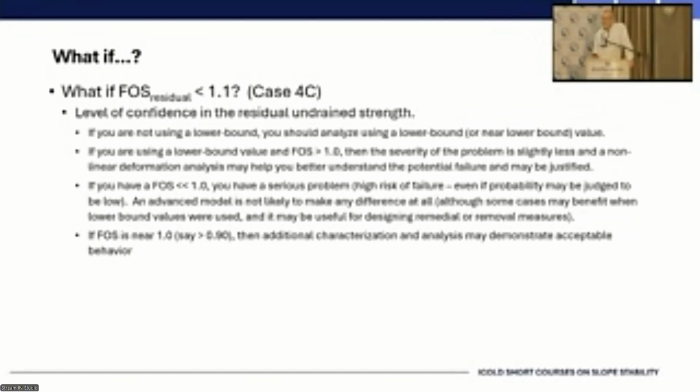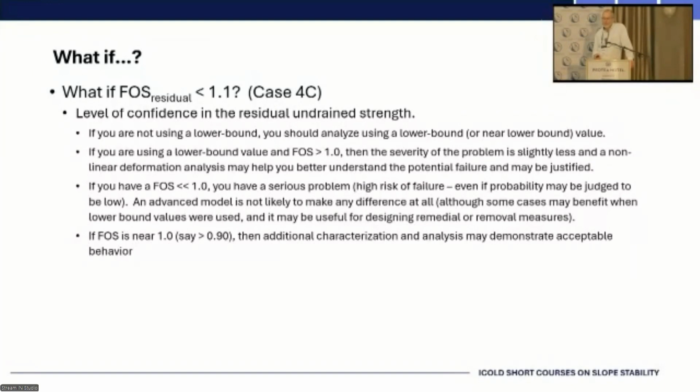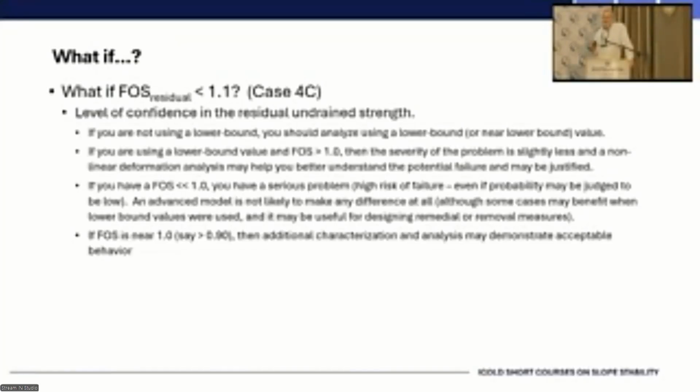If it's just the earthquake and your earthquake is 1 in 10,000, you might want to run a lower return period event and ask, would this be triggered at a 1 in 500 or 1 in 1,000 year, even a 1 in 200 year? That would inform your decision, because if you have a likelihood of 1 in 10,000 of this triggering event occurring, I wouldn't necessarily just run out and start building a buttress. I would monitor, and plan to do some additional work.